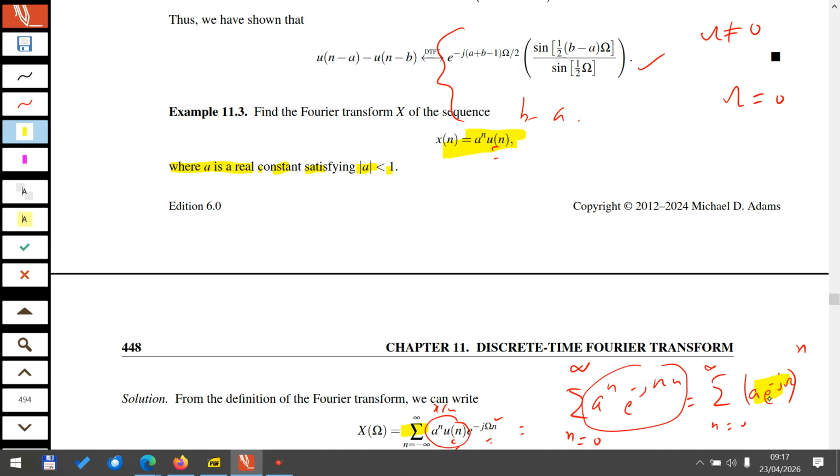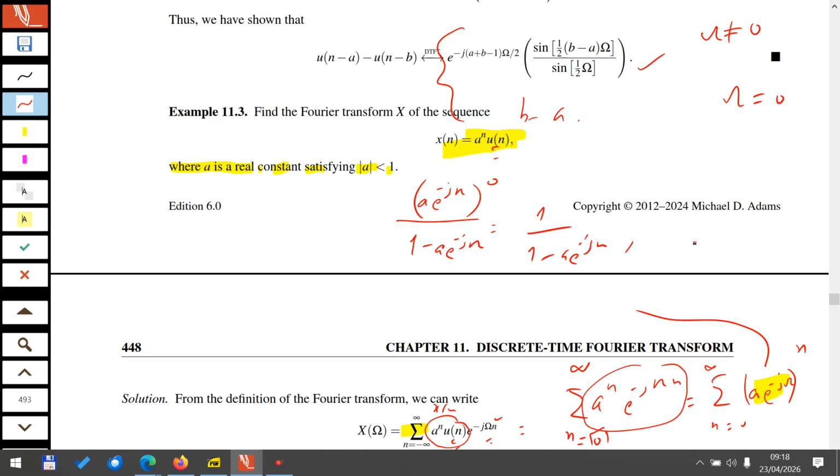And now you can easily say that, because it's an infinite sum, it will be 1 minus z, which is a exponential minus j omega. That is my z. And here it's the first term. The first term is a exponential minus j omega to 0. Yeah, 0 is the first index. So this is 1 simply. So 1 over 1 minus a exponential minus j omega.